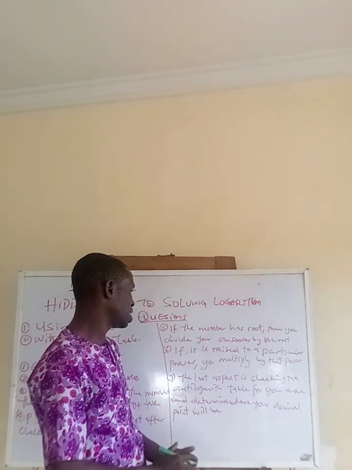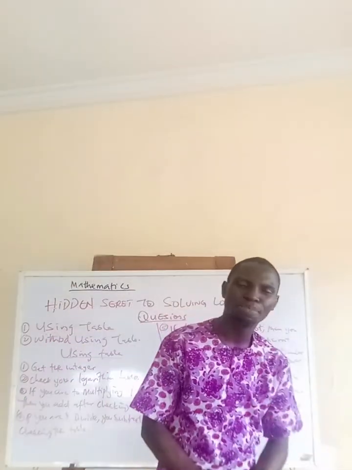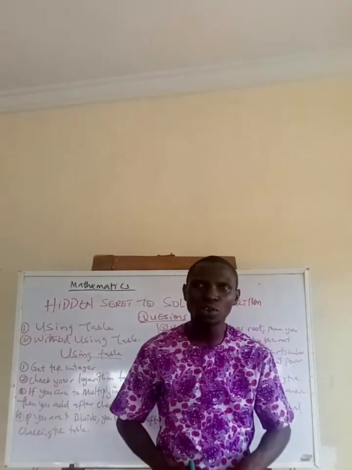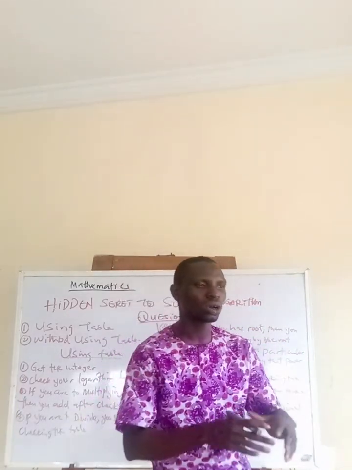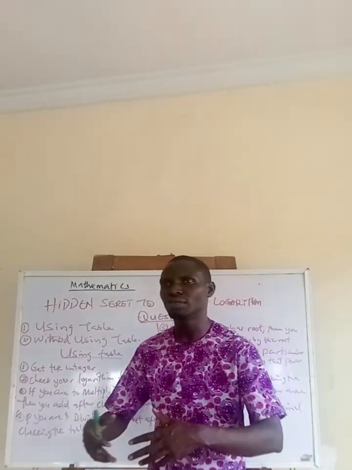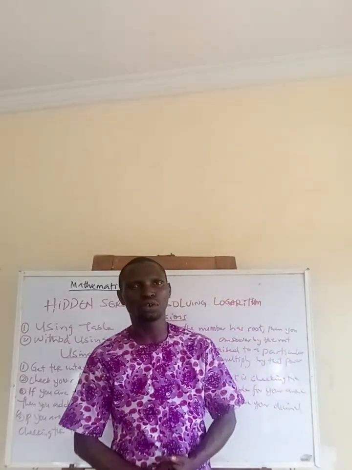Then the last thing I think is for you to check your antilog. And please note that the antilog is checked after you have done all the calculations. You have done all your adding, all your subtraction, all your integers, and all the multiplications and divisions that you have to do.